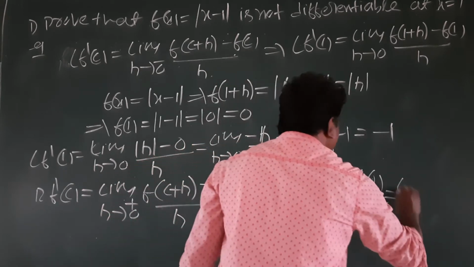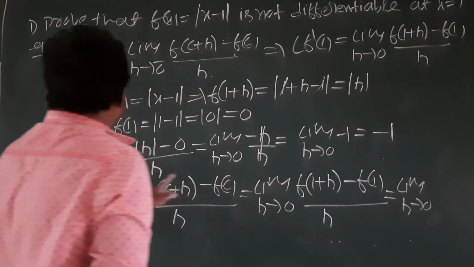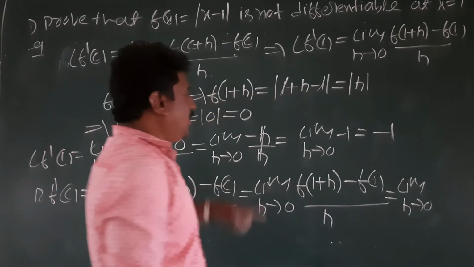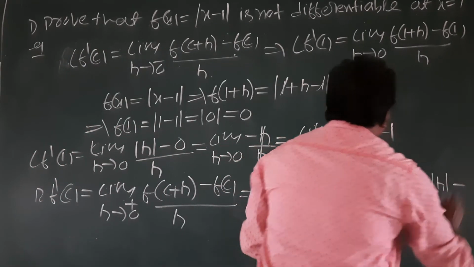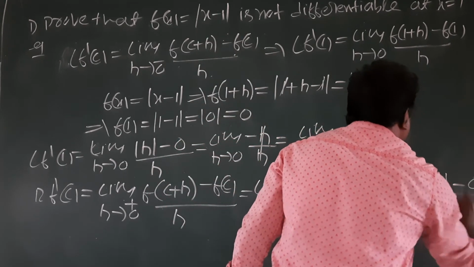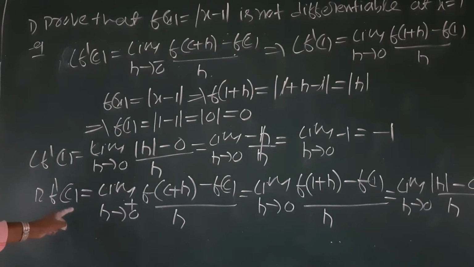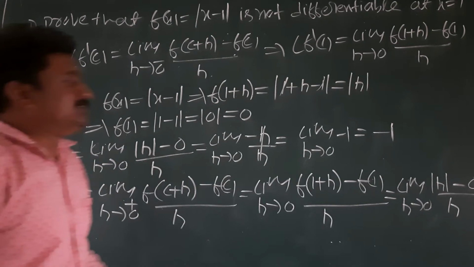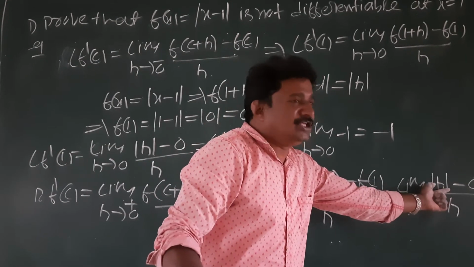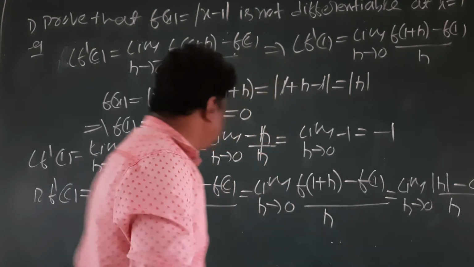So write limit h tends to 0, f of 1 plus h. Tell me f of 1 plus h value, students. How much is f of 1 plus h? Mod h, minus f1. Tell me f1 value, students. 0 by h. Again, this is the right hand derivative. For the right hand derivative, h value is positive. Since h is positive, according to the modulus function definition, mod h becomes plus h. You use the modulus definition, mod h is h.